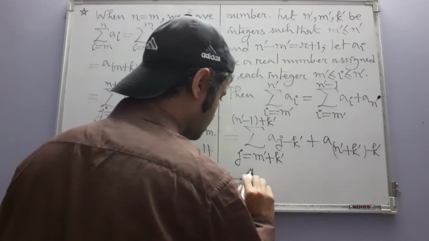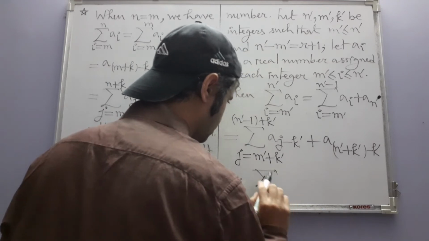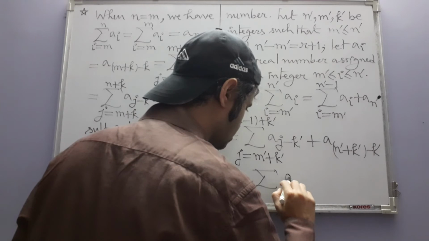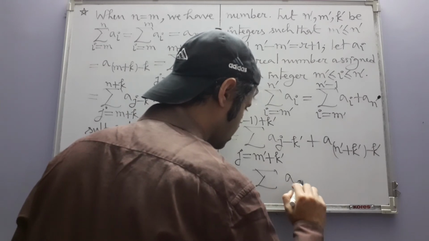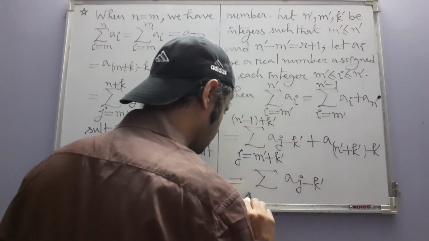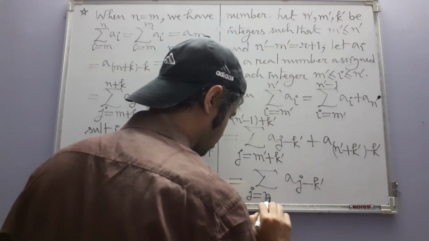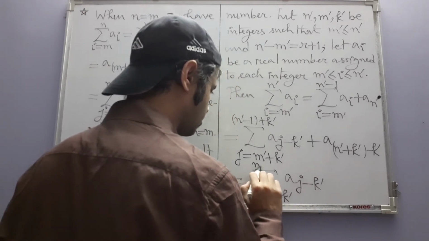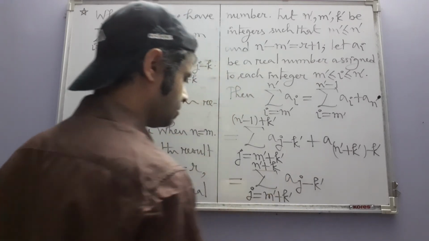Now can I write in place of this, using our definition of finite series and its recursive relation, this thing, to n prime plus k. Can I do this?